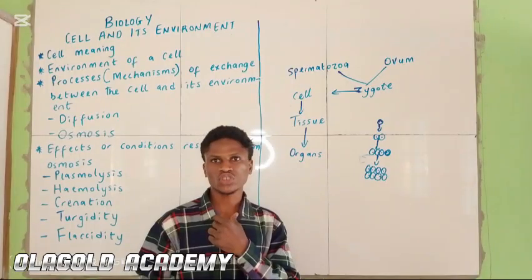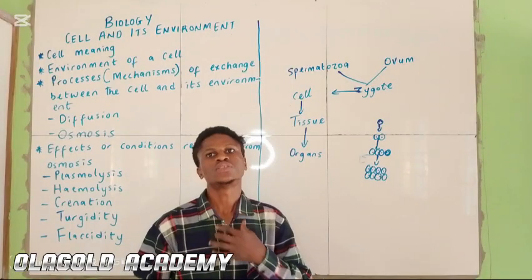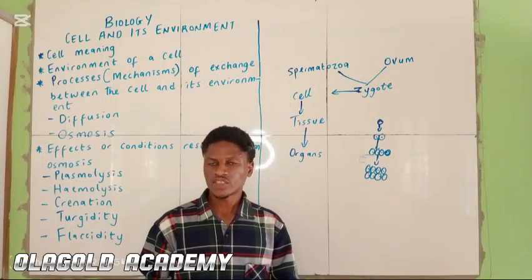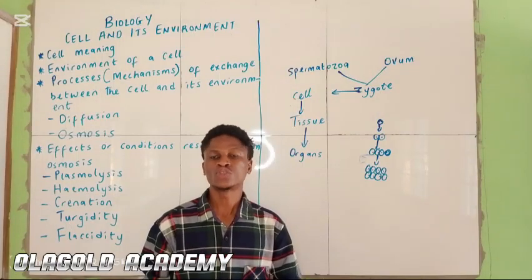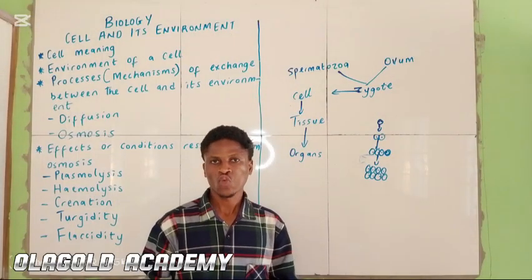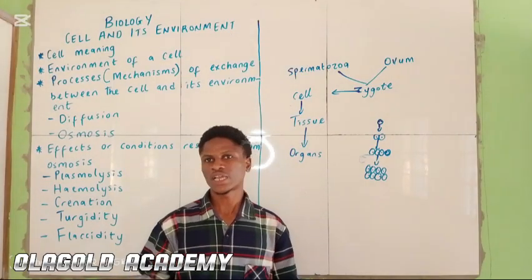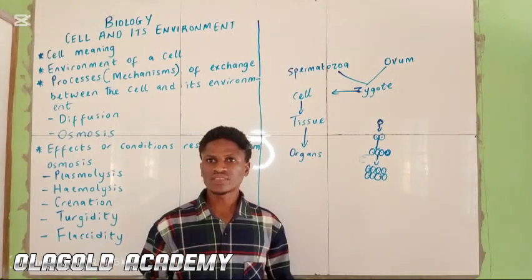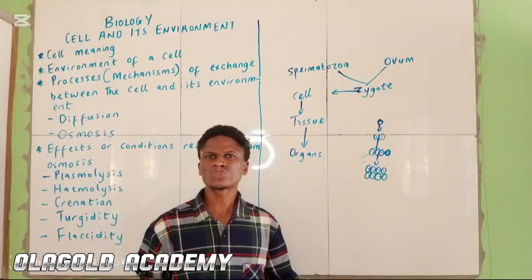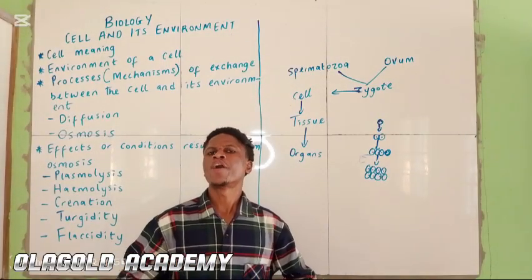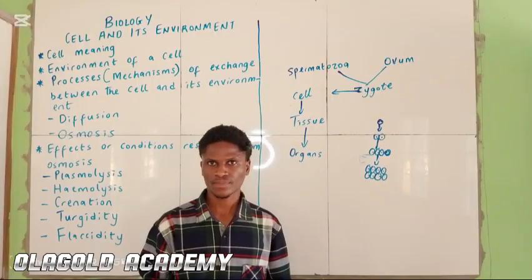From the esophagus, it goes to the stomach. From the stomach, it undergoes further digestion to the small intestine, where the complete digestion takes place. From the small intestine, the nutrients are taken by the blood to various parts of our body.